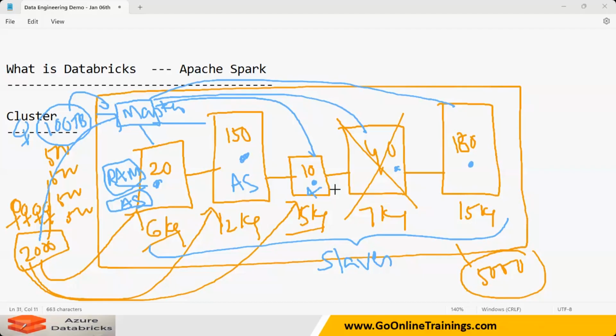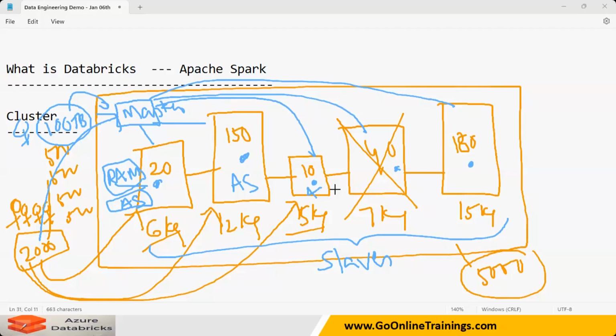Because of that, the cluster is going to be distributing. The data will be distributed and parallelism is going to happen. Even though you have a petabyte, zettabyte of data, it will be faster.